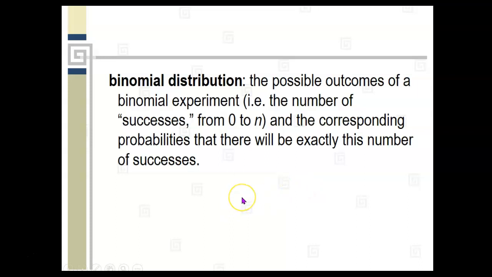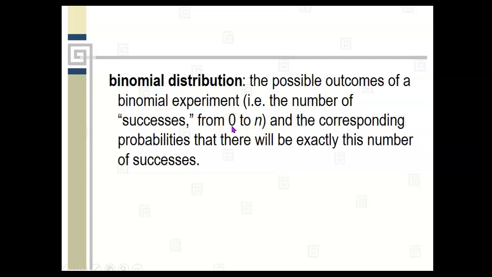So under this kind of a situation, a binomial distribution is a probability distribution where your random variable is the possible number of outcomes of that binomial experiment. That is, it's the number of successes, which could be anywhere from 0 to how many times you try it. The number of heads that come up could be anywhere from 0 to the number of coin tosses.